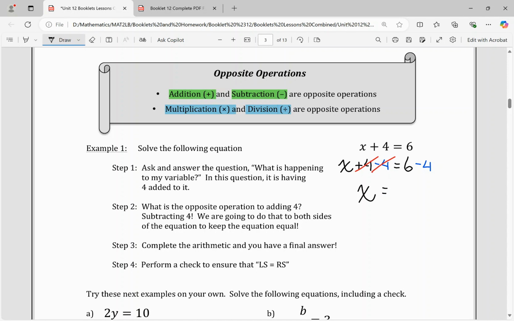We call that isolating for x. To isolate means to be left alone, and we're leaving x by itself on the left-hand side. Now the right-hand side, we have 6 minus 4, and that is equal to 2. So our answer is x is equal to 2.